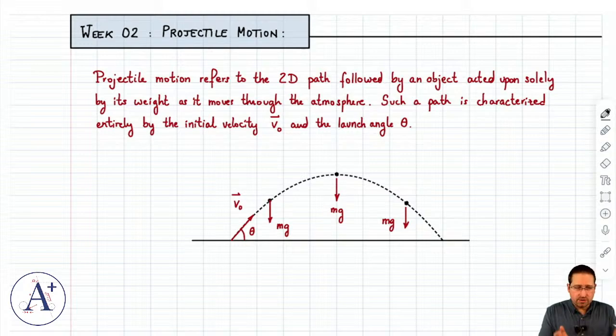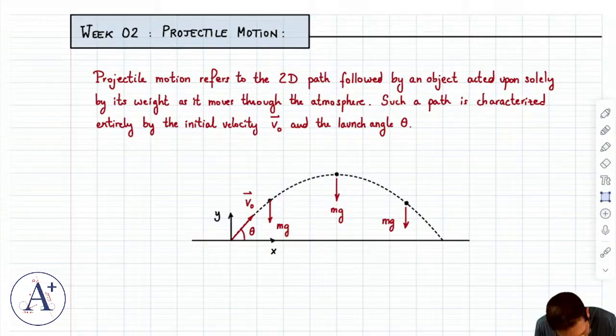So it means something very specific, right? And we're going to need not only the x direction, because yes, we move from left to right, but we're also going to need the y direction, because while the projectile goes from left to right, it also moves up and then down.